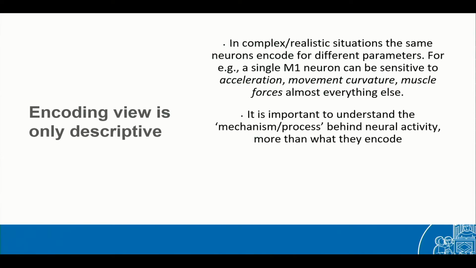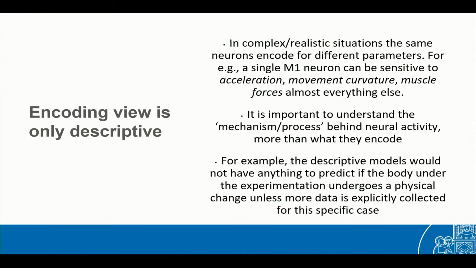What we would like to understand are the mechanisms behind the neural activity, more than what they encode. So we need a kind of descriptive model that, for example, can allow us to control the arm or the body in general and predict what will happen in the environment and on the body itself.